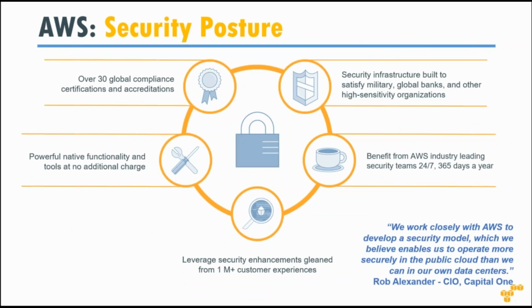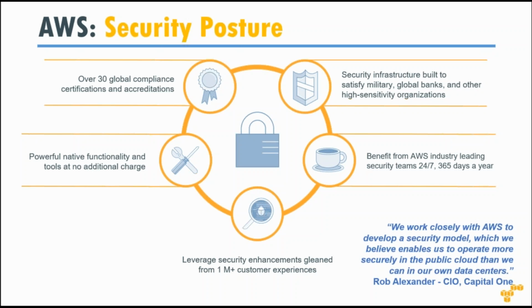So this is a brief about Amazon's security posture, and there is a quote from the CIO of Capital One which says that we work closely with AWS to develop a security model, and we believe it enables us to operate more securely in the public cloud than we can in our own data centers.